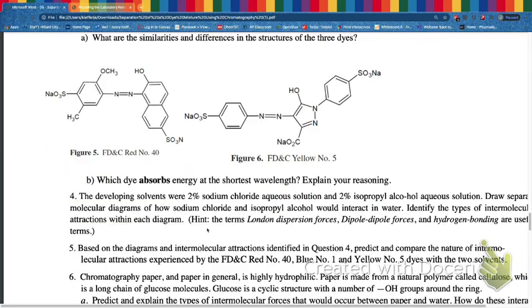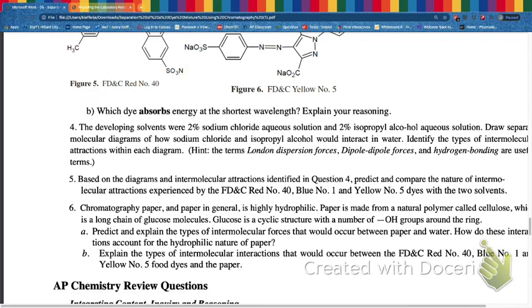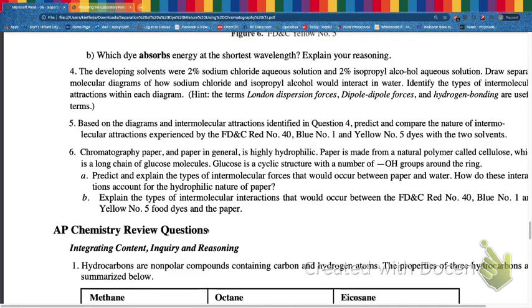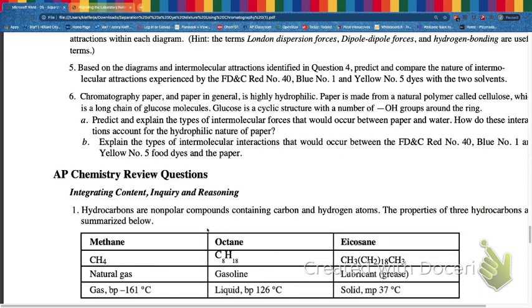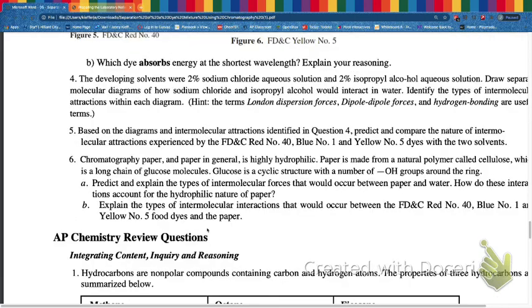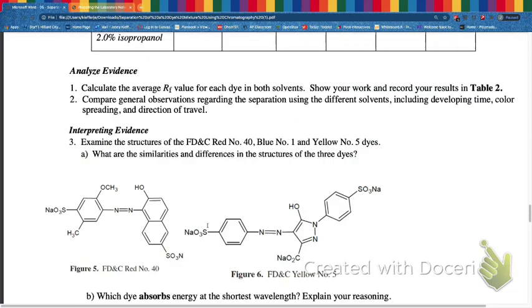You do not have to answer question 3. I just want you to answer questions 4, 5, and 6. We're going to do the AP Chemistry review questions on a separate document, so don't worry about those. So after your conclusion, answer questions 4, 5, and 6 under the heading Interpreting Evidence.